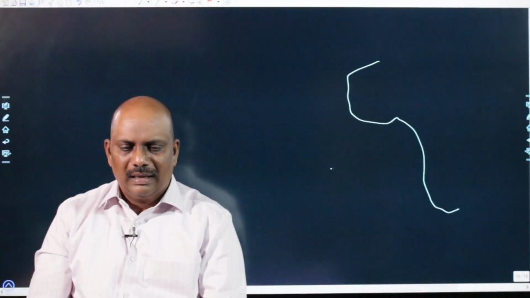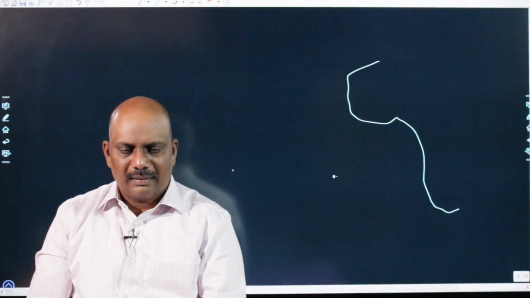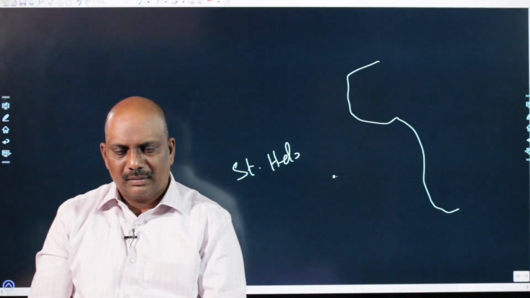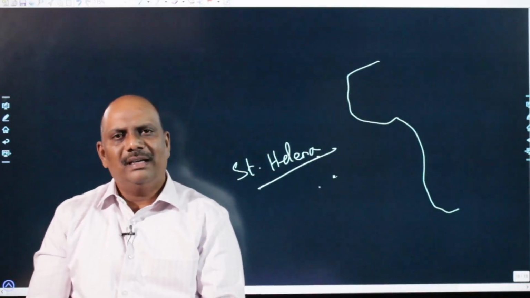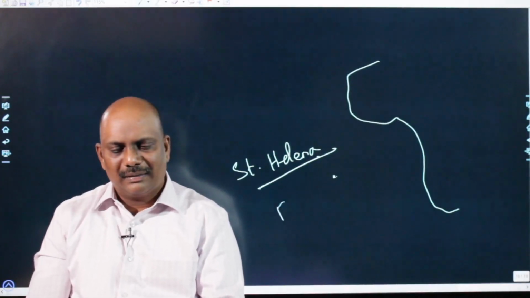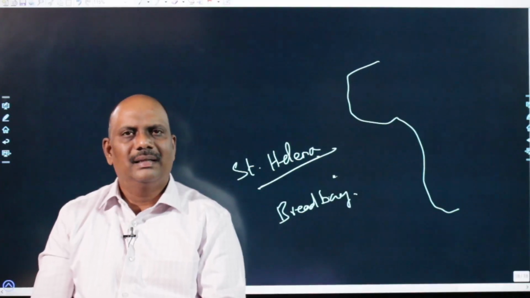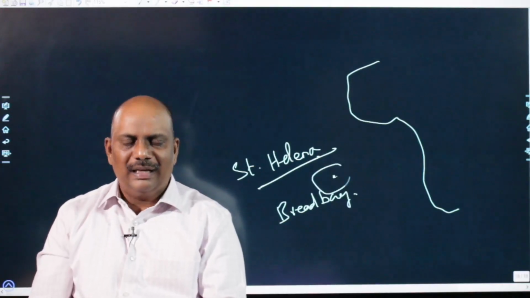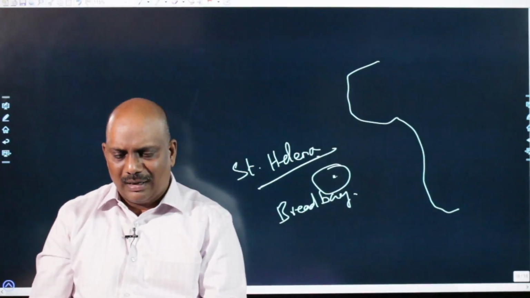When Napoleon was arrested after the Napoleonic Wars, he was imprisoned. This looks like Africa, right? Saint Helena. This group of islands is also called Bread Bay. Napoleon was imprisoned in the Saint Helena Islands, in one particular island.